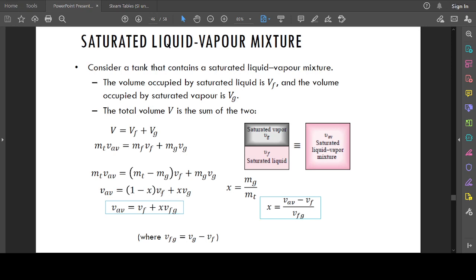We replace that when we open the bracket here, and the equation now becomes simplified as this.